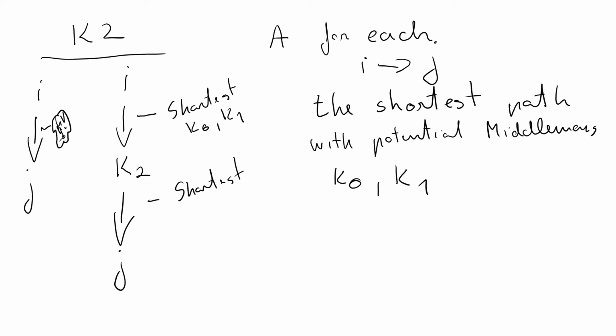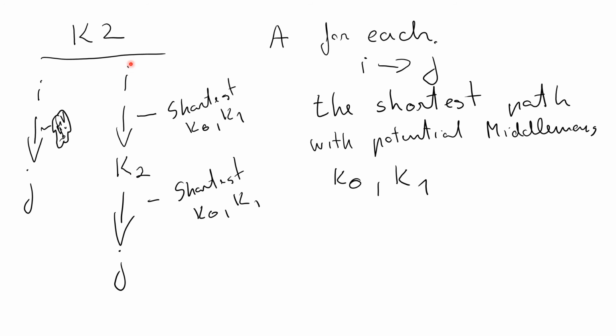So if we have to set this potential thing up, we have to go through the shortest to this K2, and we know that the shortest path to K2 is this, and from K2 to j, the shortest path is this, because we created this on the earlier loop.